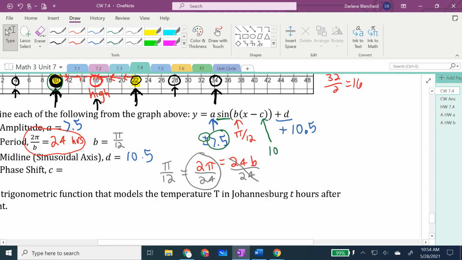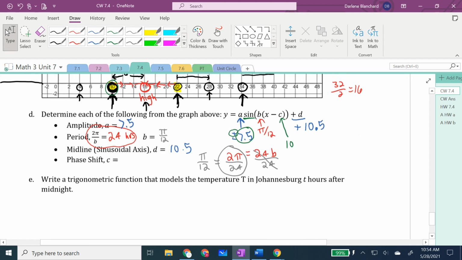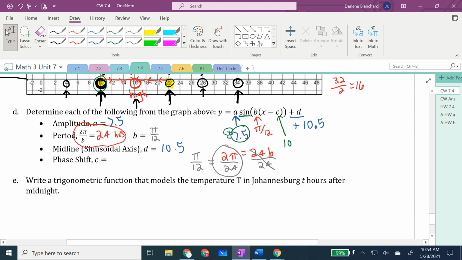Now, we're almost done. Write that trig function. Now it says write a trig function that models the temperature T, capital T, in Johannesburg, t hours after midnight.